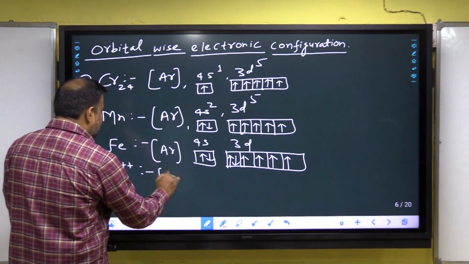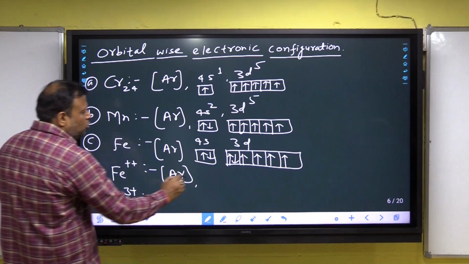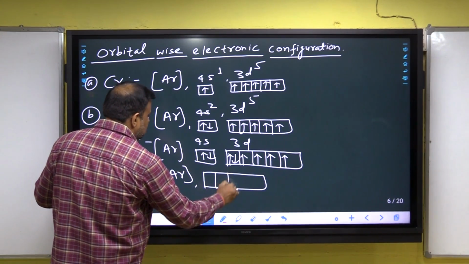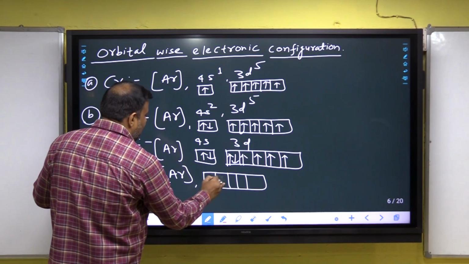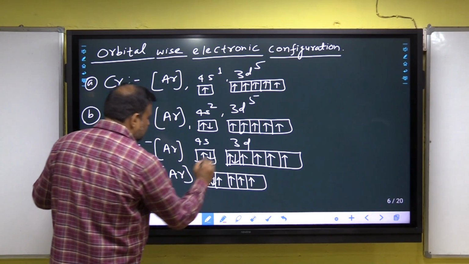So argon, and 2 electrons removed, that means 4s 0 and 3d 6. 1, 2, 3, 4, 5, 6.